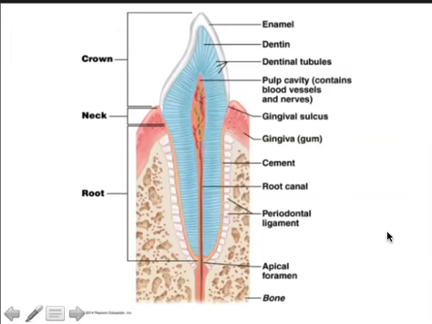Now, if we look at the cross section of a tooth, the portion that sits above the gum line is the crown, and it's covered by a very hard substance known as enamel. Its purpose is to retard degradation of the teeth, but there are bacteria that live in your mouth and feed off of the organic material in the oral cavity, producing acids that eat their way through the enamel, which can eventually erode the enamel to the point where we get into the dentin.